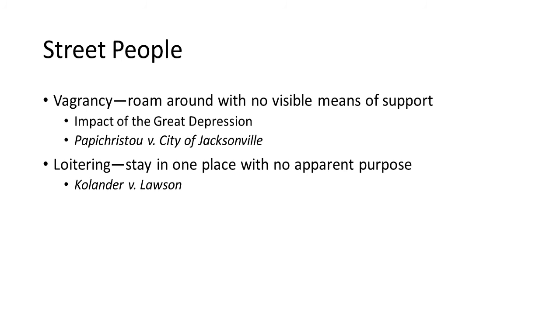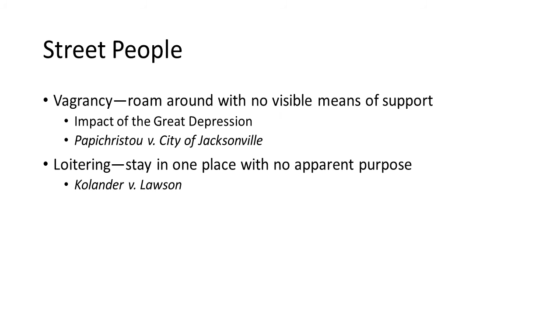Vagrancy laws, particularly laws prohibiting loitering, have been challenged successfully in court on the basis that they are just too vague. I'm going to swing back to the City of Jacksonville case that I referenced when I was speaking relative to the last slide, and I'll have another one coming up.